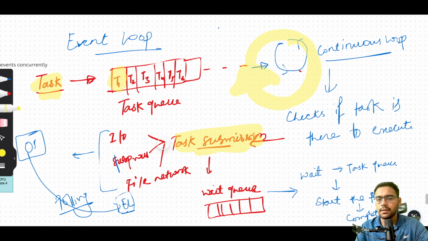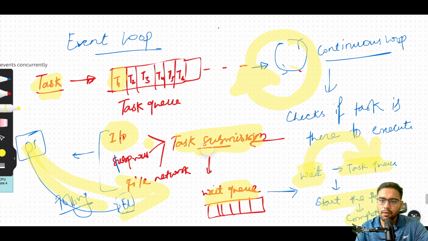The task might have some IO calls, so the event loop will add that into the wait queue, and the OS has to indicate to the event loop that some old task has already completed the IO call, so you can pick it up and resume it. So the event loop will move that task from the wait queue to the task queue, and on the basis of its scheduling, it will start the task and complete it. And this happens for every task. So this is your event loop.